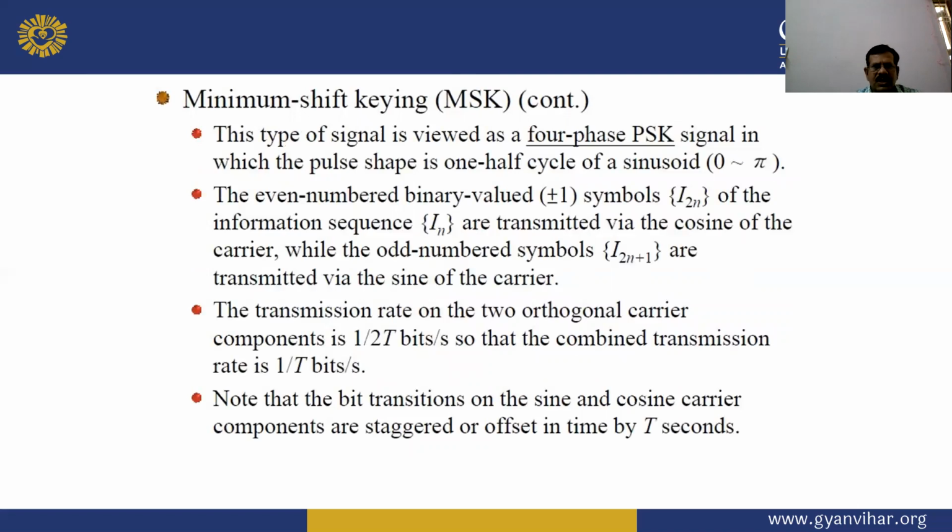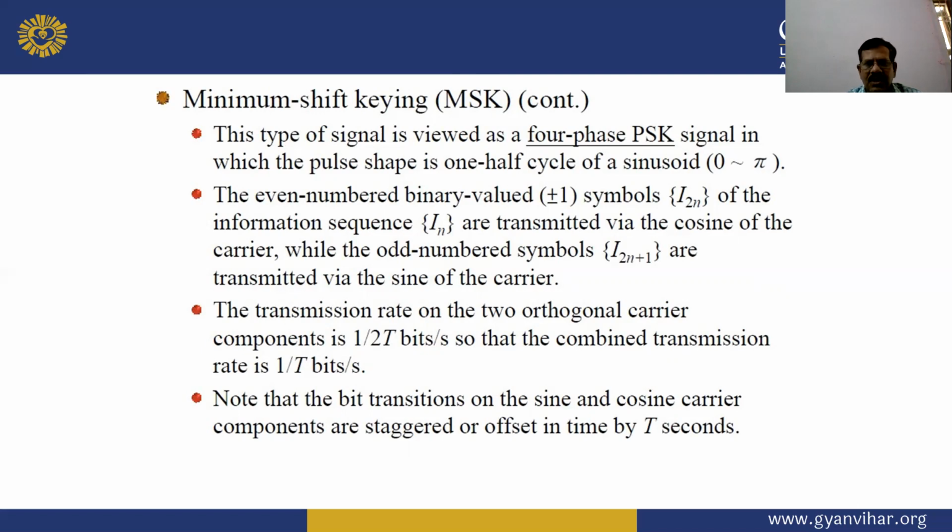This type of signal is viewed as a four-phase PSK signal in which the pulse shape is one half cycle of a sinusoid from 0 to pi. The even-numbered binary value plus or minus 1 symbols I_2n of the information sequence I_n are transmitted by the cosine of the carrier, while the odd-numbered symbols I_2n+1 are transmitted by the sine of the carrier.